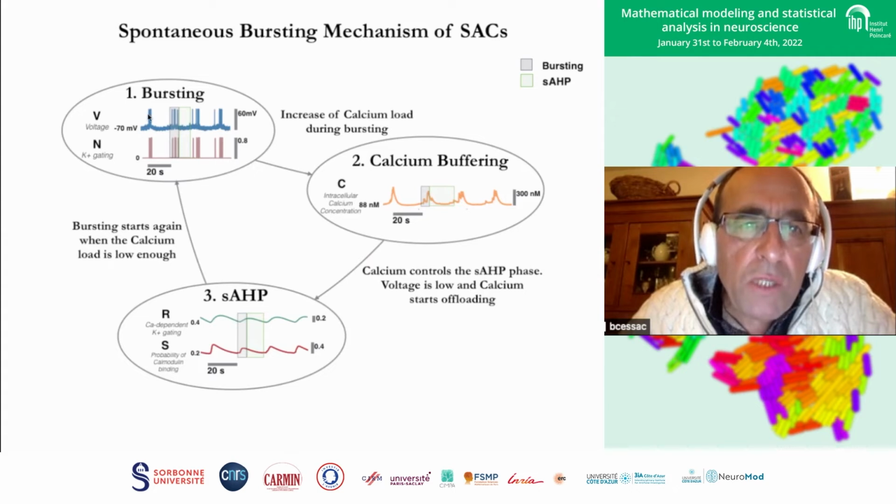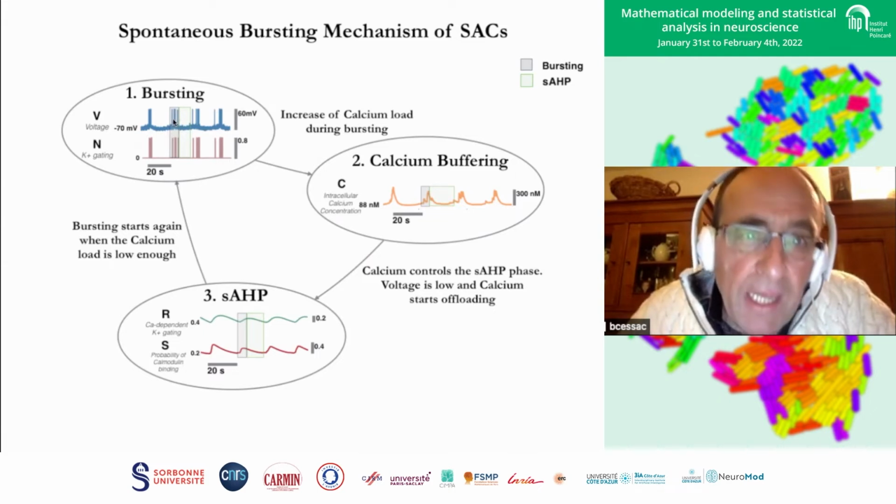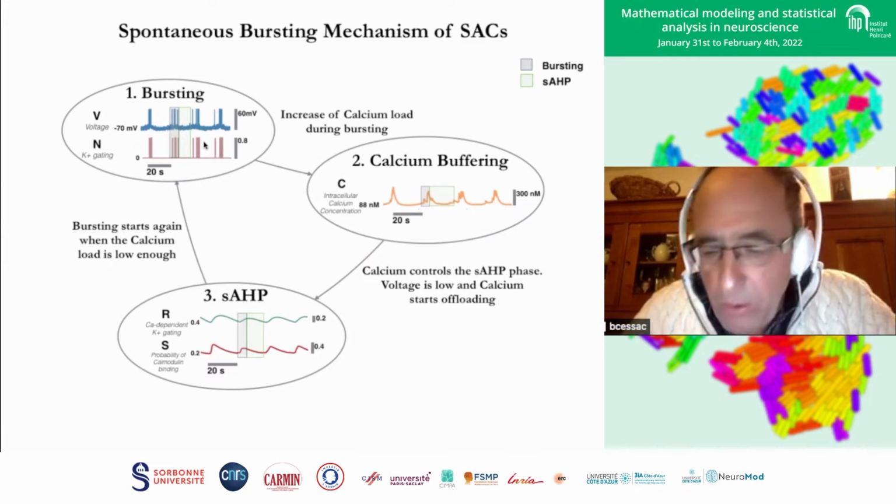And as we are going to see in 1 minute, it makes a bifurcation so that the cell returns to rest. When it is at rest, calcium is reducing, SHP is reducing. So at some point, the cell gets back to the point where it can be excited again and reproduce bursting, and so on.